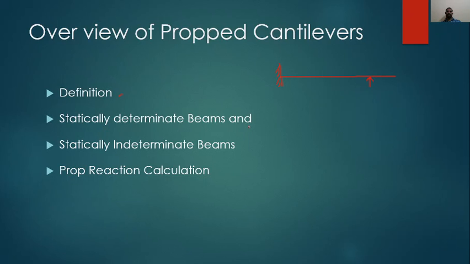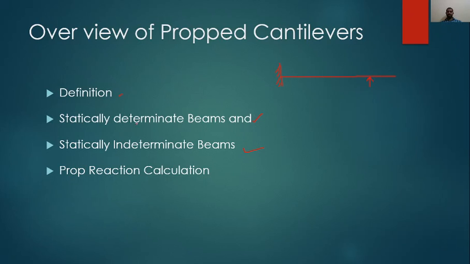And what are statically determinate beams? In the first class we discussed various supports and support reactions. We have one unknown reaction for roller, two for hinged and three for fixed support. For a beam, if you calculate the total number of unknowns and those are more than the number of equilibrium equations, then it is statically indeterminate.